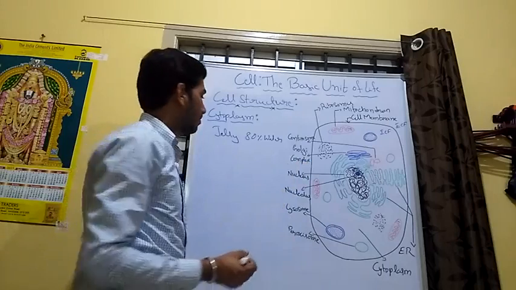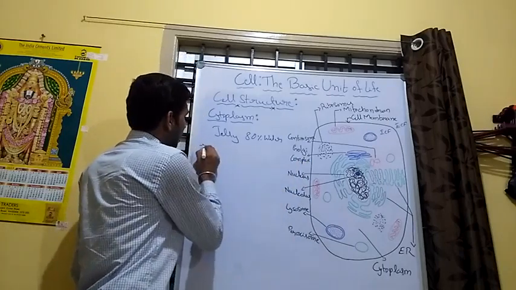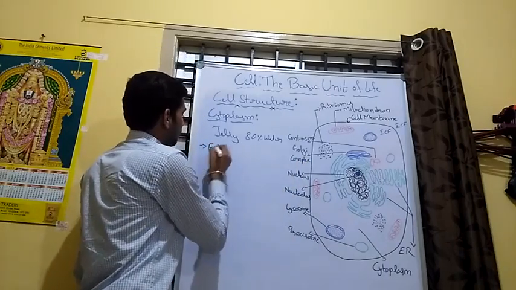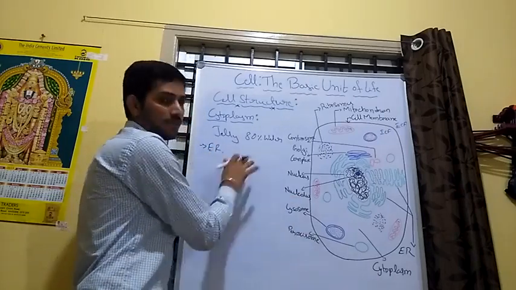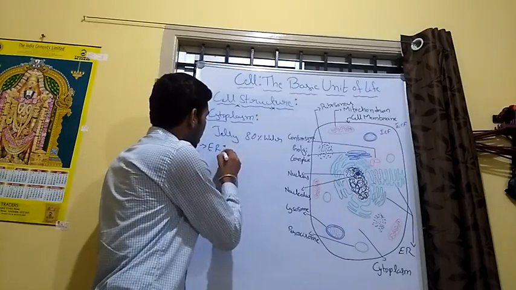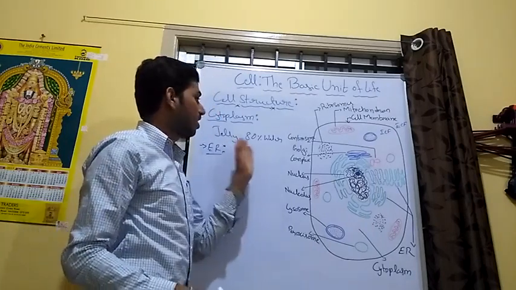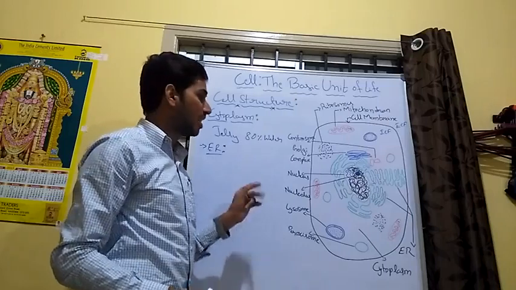Some brief structures. First is the endoplasmic reticulum. Endoplasmic reticulum in detail, one by one. What is meant by endoplasmic reticulum and what is the structure of endoplasmic reticulum?